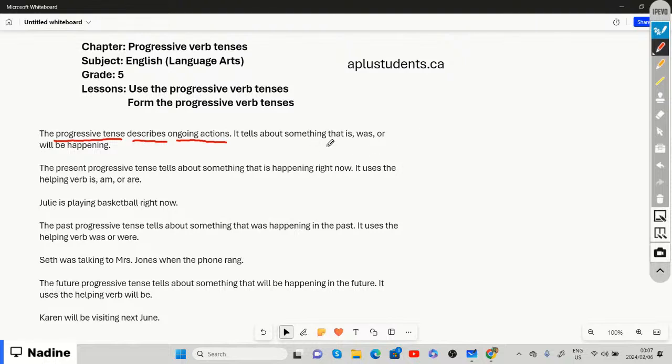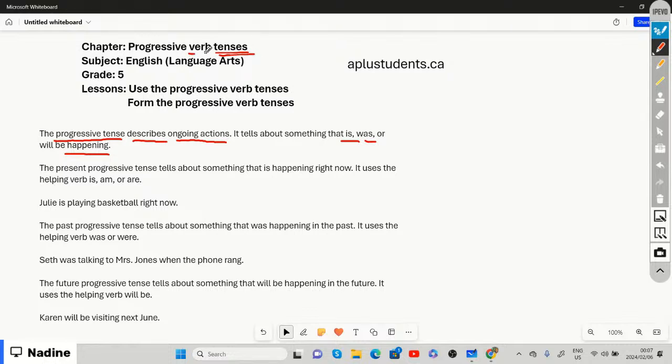And it tells us about something that is, was, or will be. If we look at the word tenses, tenses basically tell us if it's in the past, in the present, or in the future. So it's either present tense, past tense, or future tense. That is what they mean when they talk about tenses.